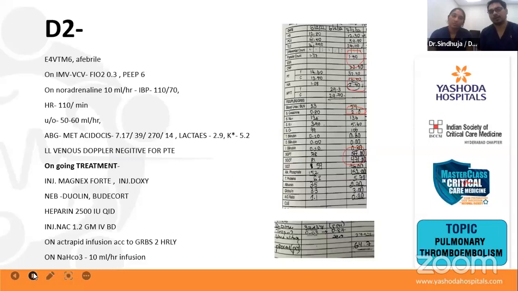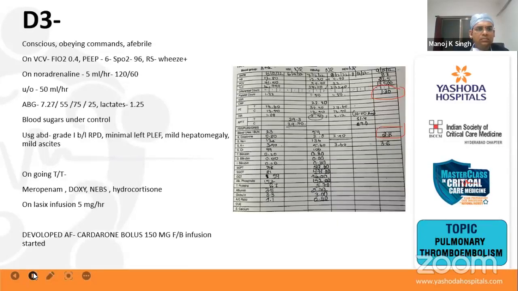Day 3, she was obeying commands, febrile, on volume control mode, FiO2 of 0.4 and PEEP 6, and persisting vasopressors on noradrenaline 5 ml per hour and urine output of 50 ml per hour. ABG showed respiratory acidosis, pH 7.27, PCO2 55, PO2 75, and bicarb of 25 with lactates of 1.25.